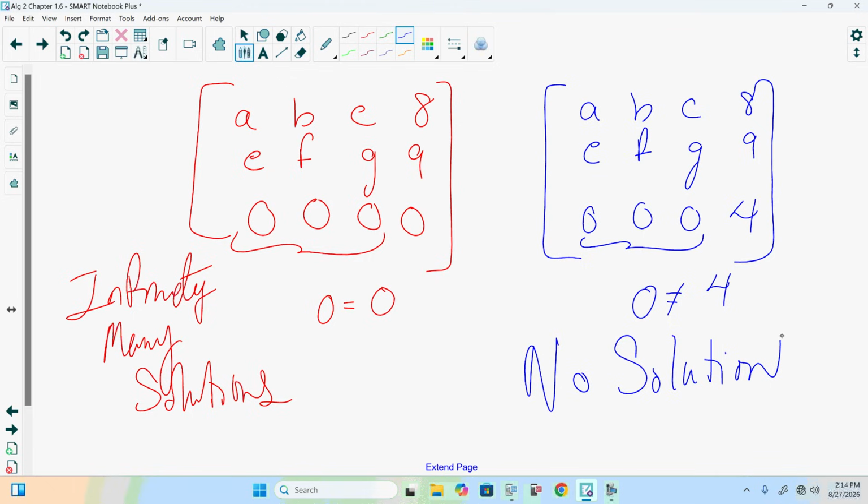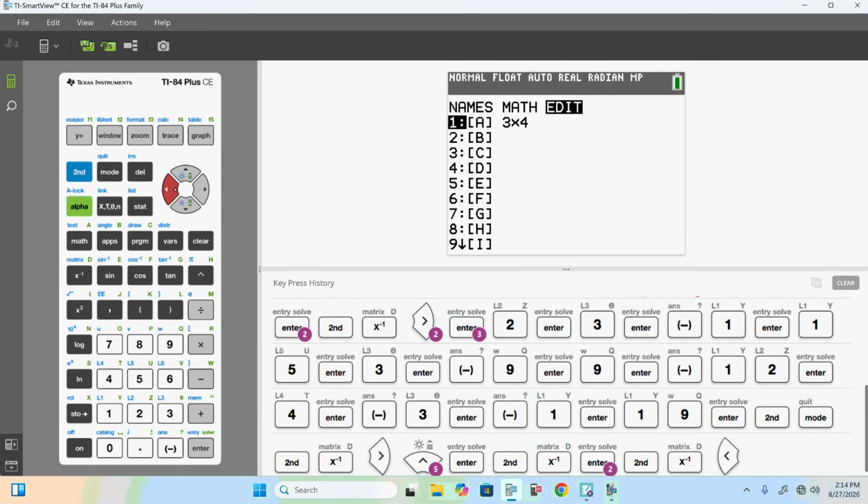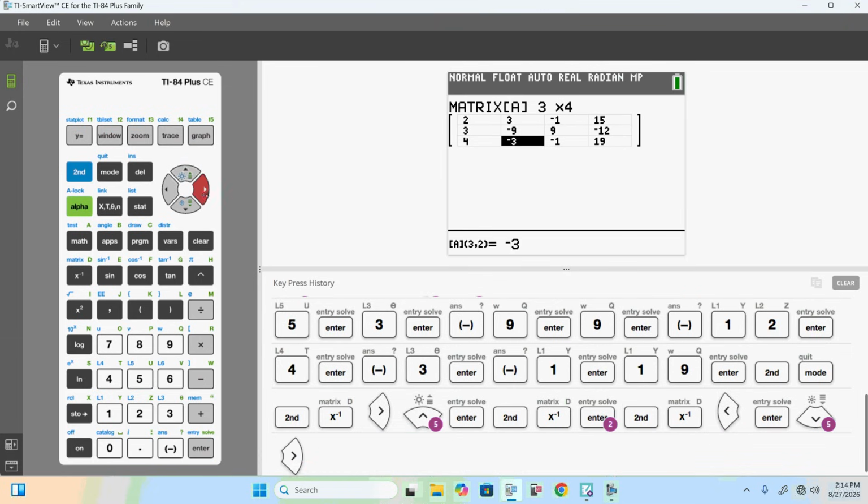It is possible to get decimals. Y'all seen that already, yes? Math, enter. So I'm going to mess with one of these because it should be not too hard to get.